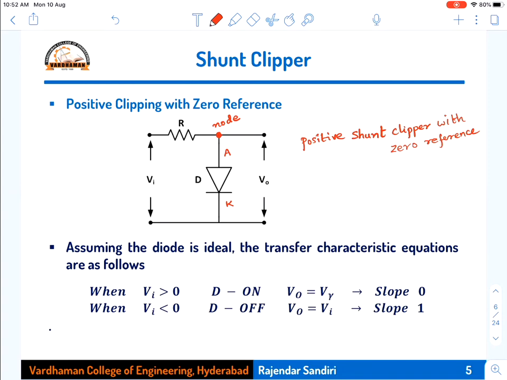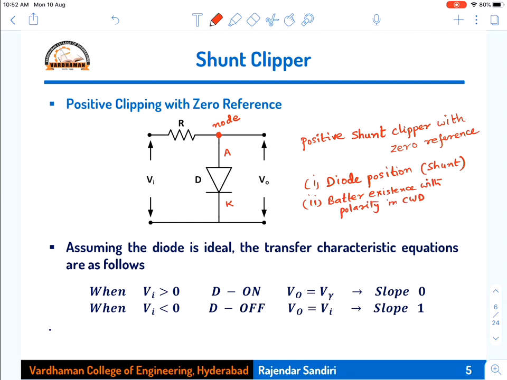So diode position shows that it is shunt. Second one is battery existence with polarity in clockwise direction, CWD.